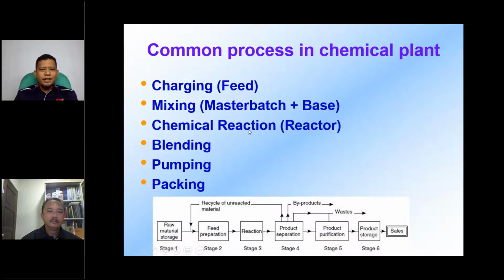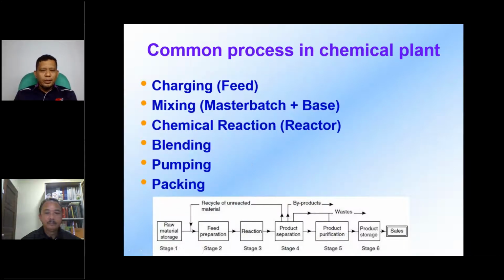In most of the chemical industry, a chemical reaction means applying pressure and temperature, and it may take 1 or 2 hours before it reacts well and comes up with the product. And then we have a blending process, pumping, packing process, and so on, right?